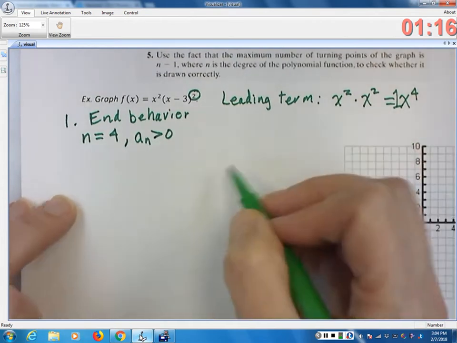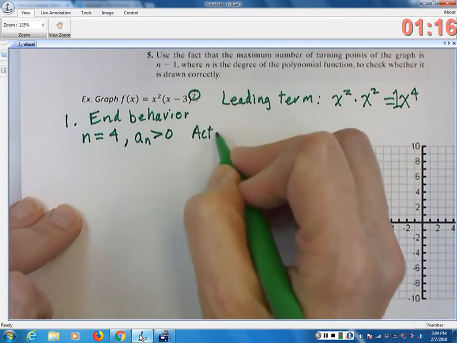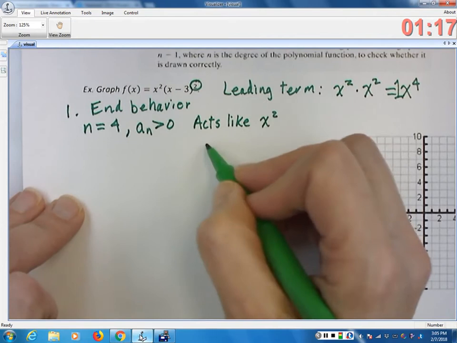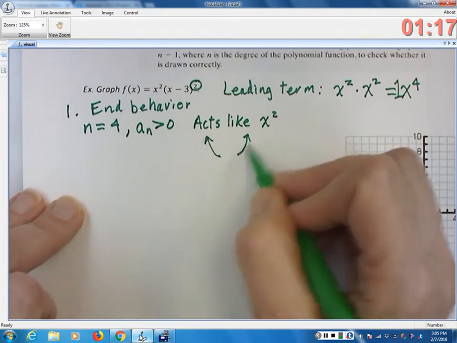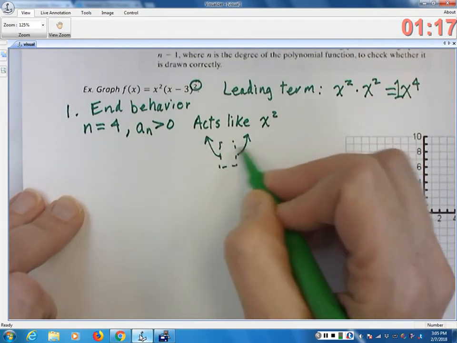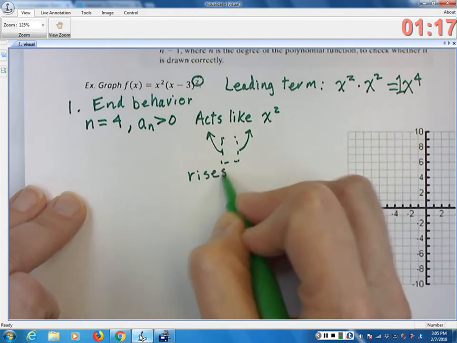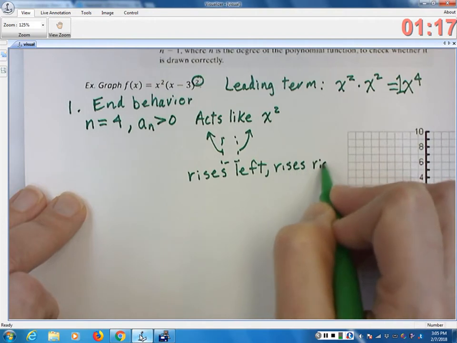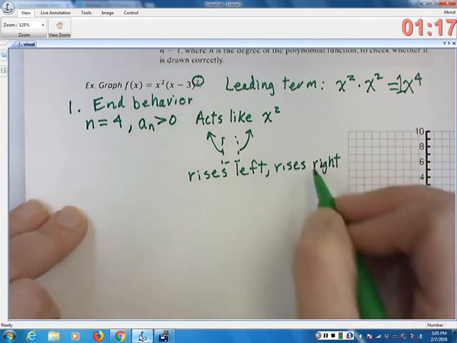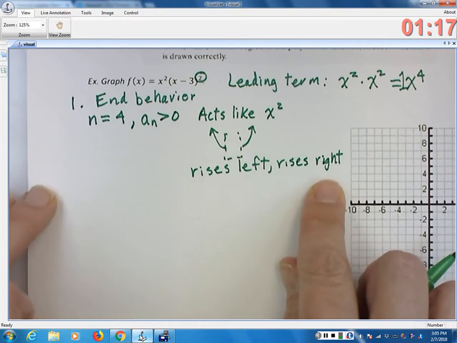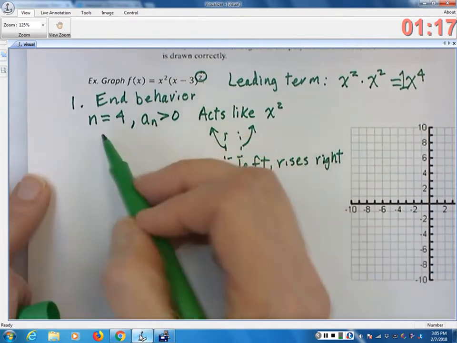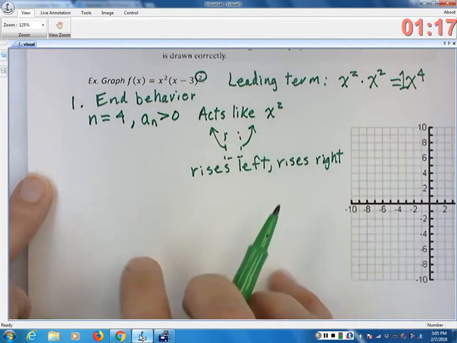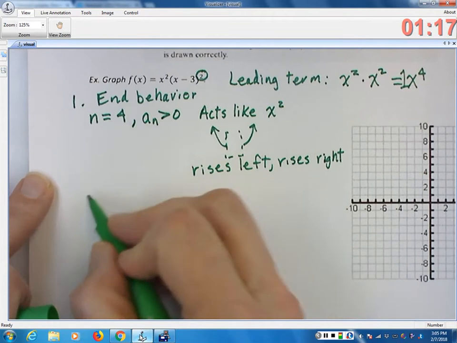So it acts like x squared. It rises to the left and rises to the right. That's the thing that might be multiple choice on the test for you. For work, you'd write something like this and write what the leading term was.